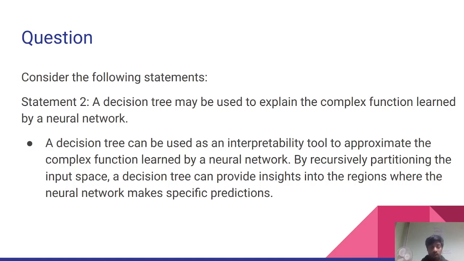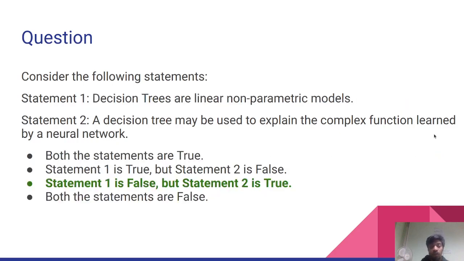But technically the decision can be framed as a decision tree, showing why it is taking this decision or that decision. So the answer is statement 1 is false, but statement 2 is true. This one is false, but this one can be done.